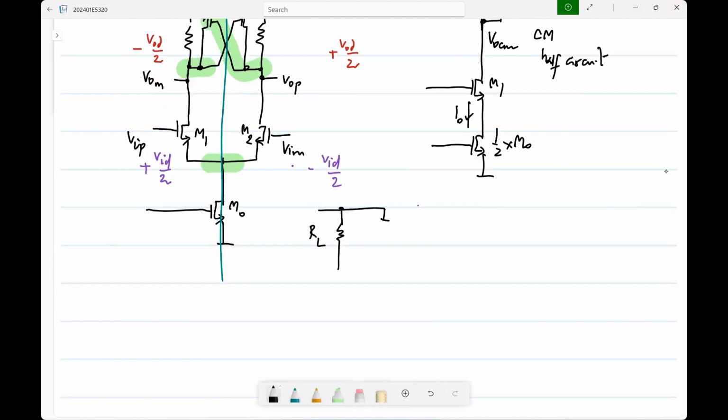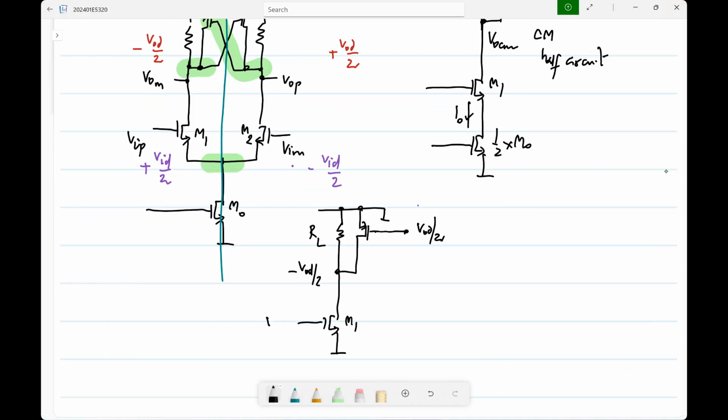This is of course at 0. This is minus VOD by 2, and we have the usual M1, and its source is at ground. And you will have M3 here, and this gate will be at plus VOD by 2. Okay. So this is how it is.